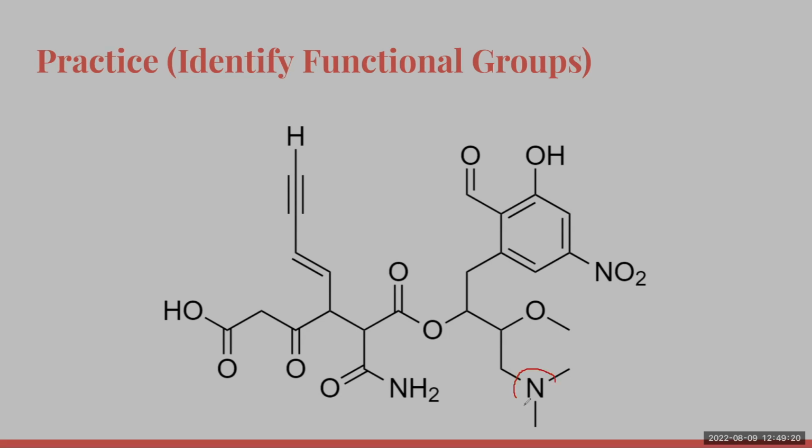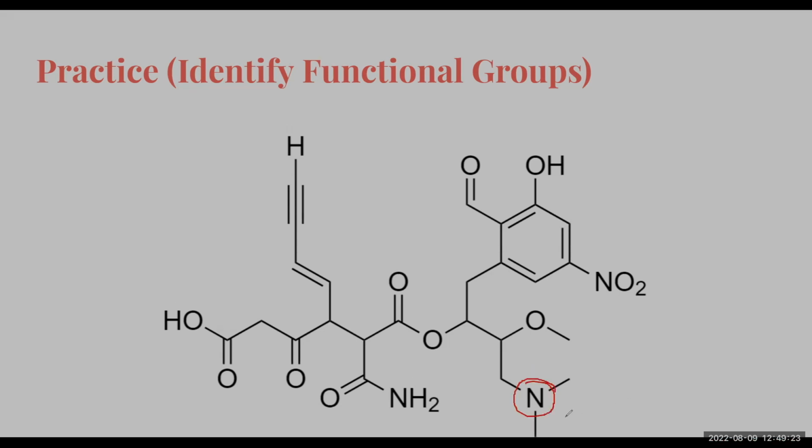First I'm going to see there's this N right here. This is an amine. You could be more specific and call it a tertiary amine. We can indicate that by putting a 3 and a degree sign, meaning that it is a nitrogen bonded to 3 other atoms that are not hydrogens. We could classify this whole group right here as an amide.